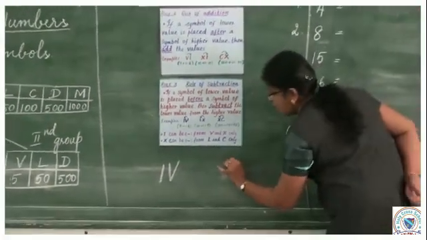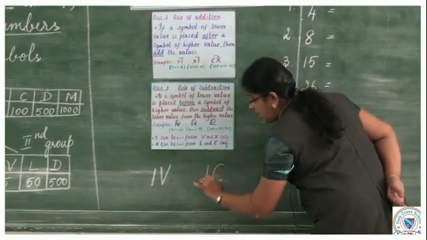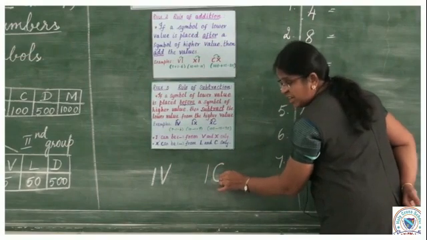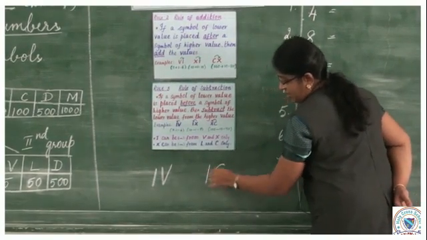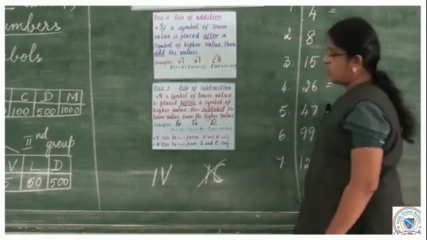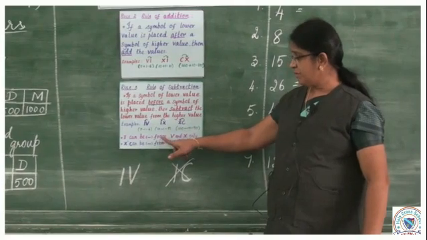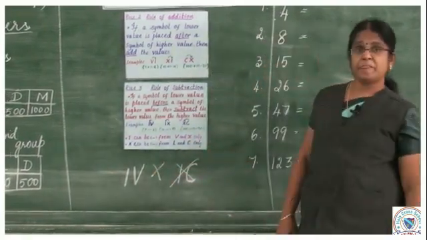But you cannot put I before C and say this as C is 100, 100 minus 1, 99. That is wrong. I can be subtracted from V and X only.